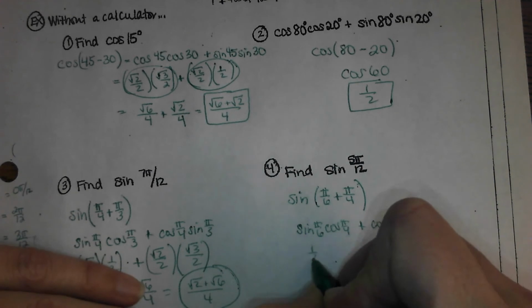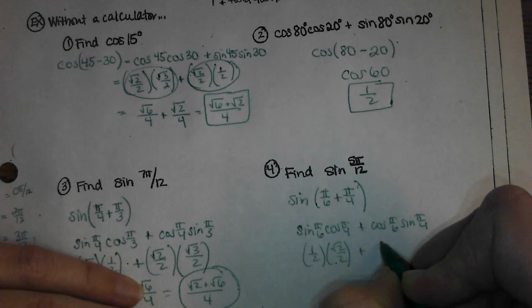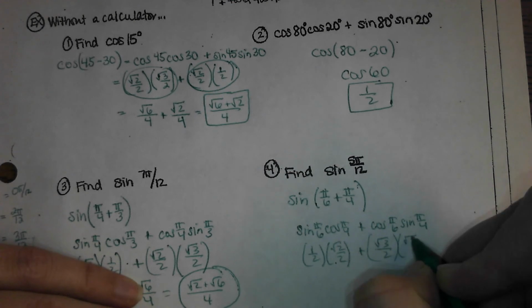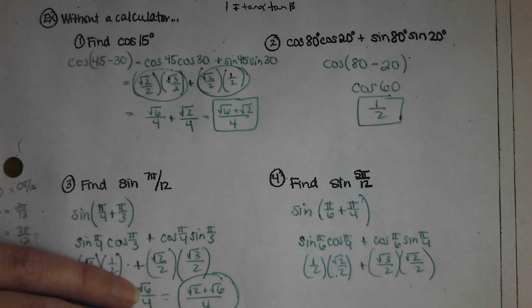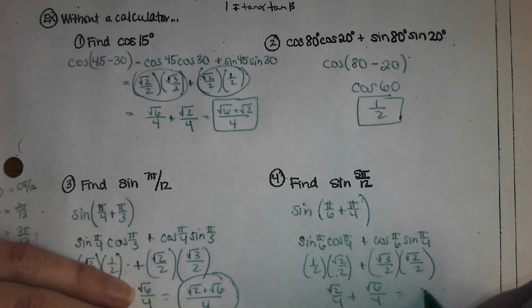And we get a half times root 2 over 2 plus root 3 over 2 root 2 over 2. Root 2 over 4 plus root 6 over 4.